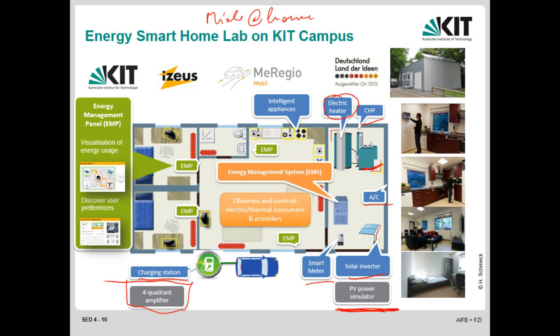We can make it bad, we can have phase shifts, we can have some extra frequencies on top of that, some other harmonics, and then we can see how the house actually can be controlled to respond to a bad situation in the grid and to improve maybe the current situation.